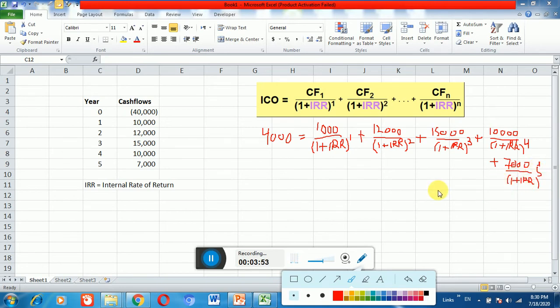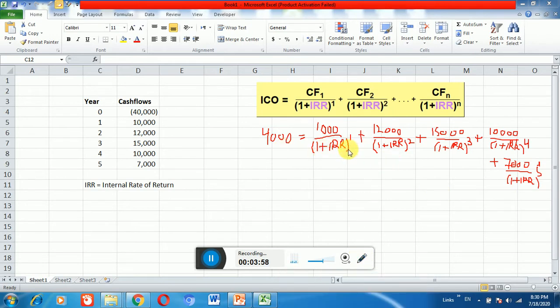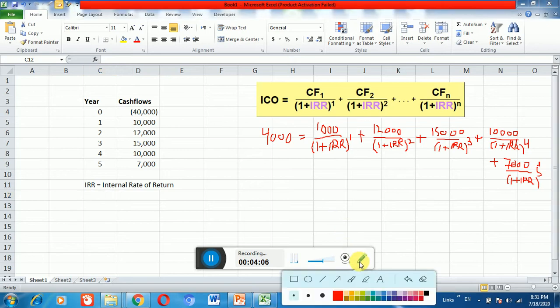Okay, dear students, now the question here is what is the interest rate that, if I put it here and discount all these future cash flows, gives me $40,000. This is not 4,000, this is 40,000. This 40,000 is our ICO, the initial cash outflow.